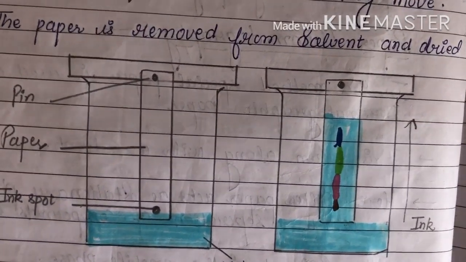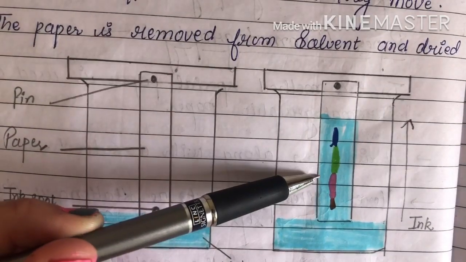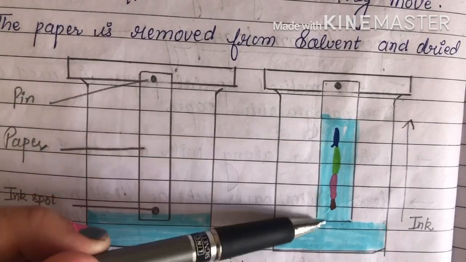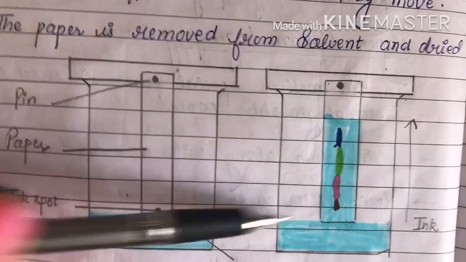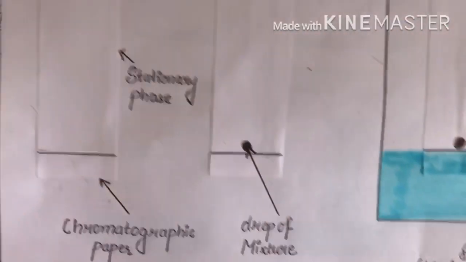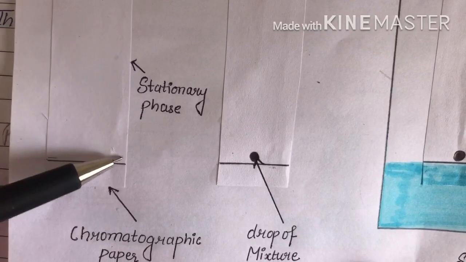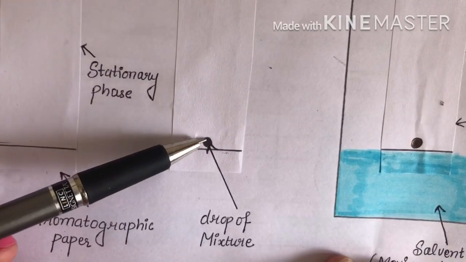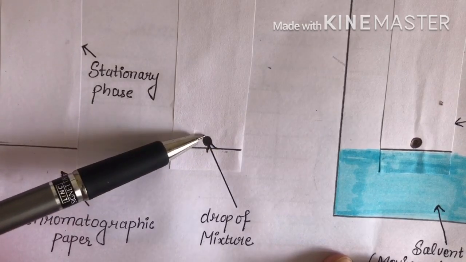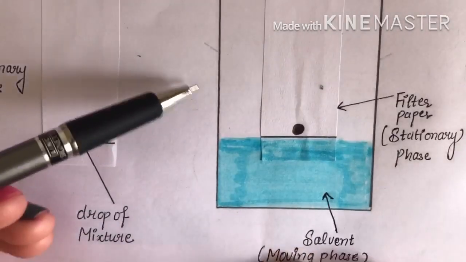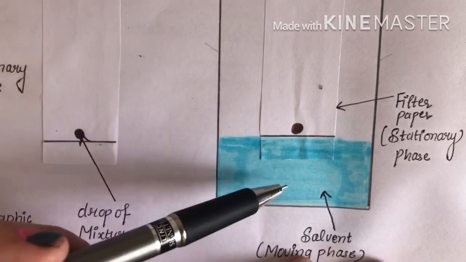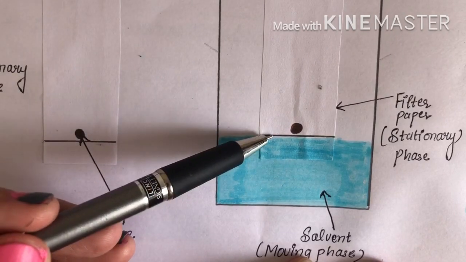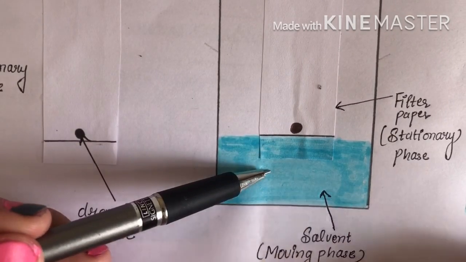Then you have to remove that paper from the solvent and dry it. So firstly, what you have to do? You have to draw a line at the bottom edge. Then you place a drop of mixture above this line. Then you dip that paper in the solvent, with the line above the level of the solvent.